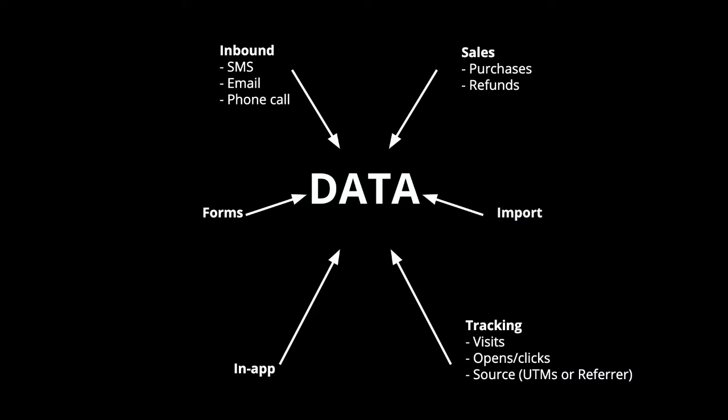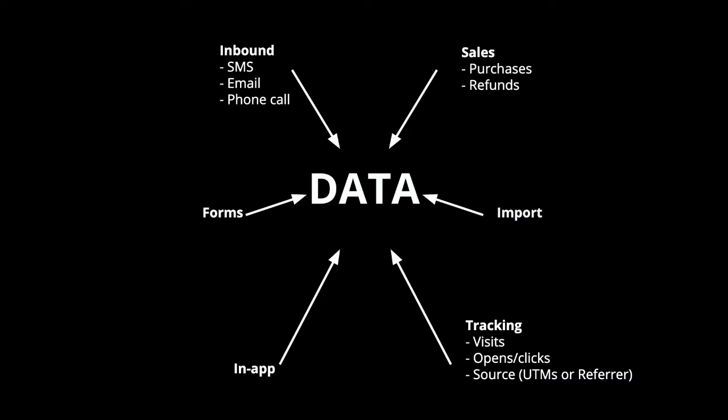What are they saying happened in their conversations, in the tasks that they completed? Of course, all the tracking that we do, what pages are they visiting, what emails are they opening and clicking, where did they come from, what ads did they click on? That is the UTM data that we automatically capture for you. So lots of information pouring into each individual contact record in Ontraport.